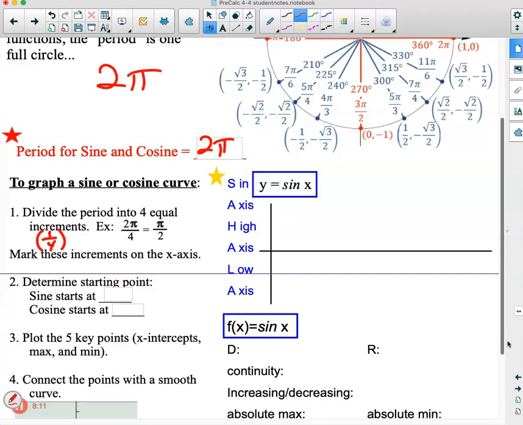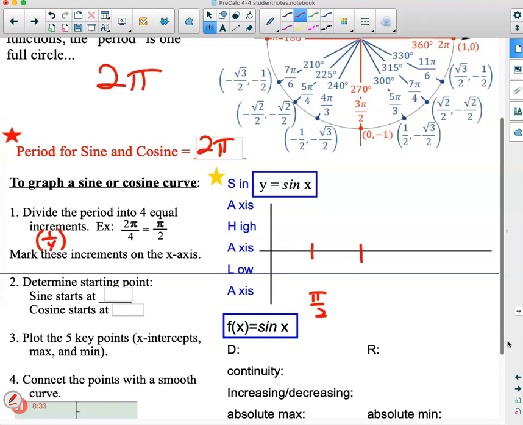So what we want to do is come over here, and that's theta, so that's our x coordinate. We want to mark 1 pi over 2, 2 pi over 2, because we're supposed to use pi over 2 for an increment. That really is telling us horizontally that's the piece that we want to use for the distance between those points.